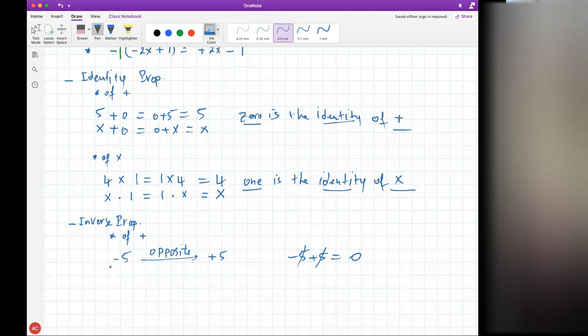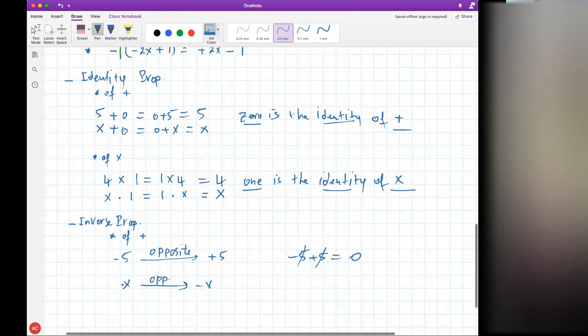That's one example. Also, for any real number, for example x, we always generalize. For any real number x, not just -5, what is the opposite of x? -x. That's right. Any number or letter, if you don't see a sign, is by default a positive number. So when you say x, basically we say +x. The opposite of positive is negative, the opposite of negative is positive, and so on.